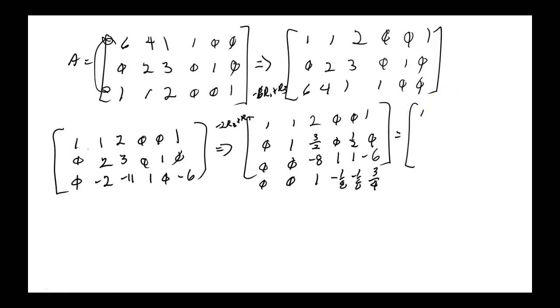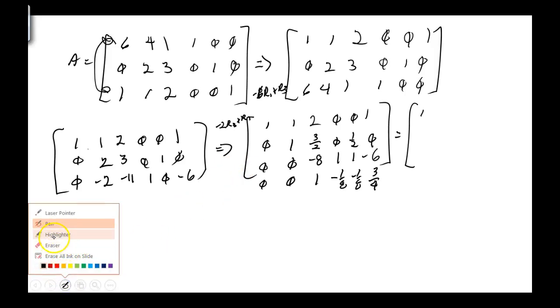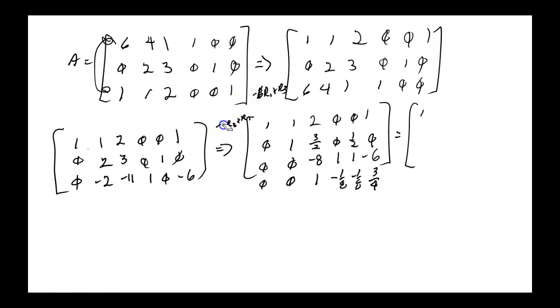I left something out. Okay. That will be okay, but what I left out, I forgot to change this 1. So minus row 2 plus row 1. Okay. So in other words, subtracting row 2 from row 1. That would be a 1, a 0, a 1/2.